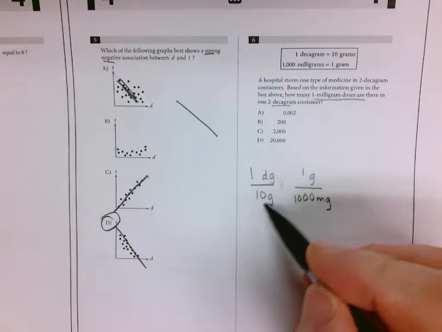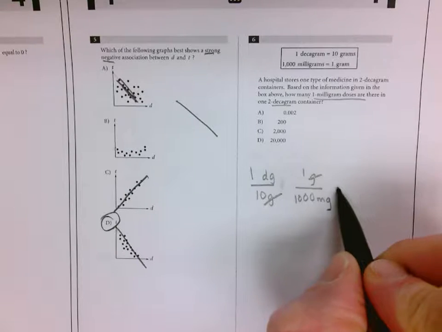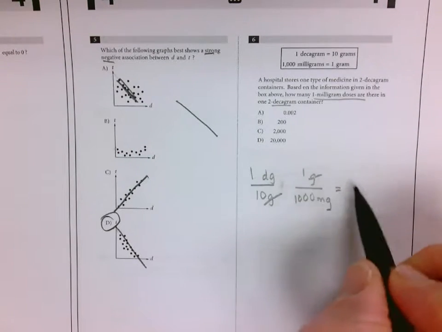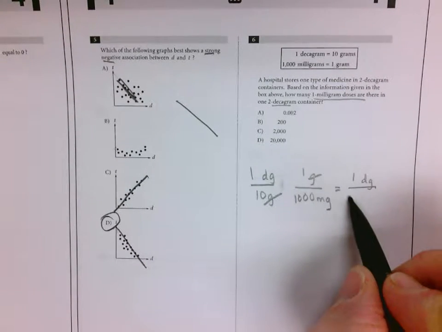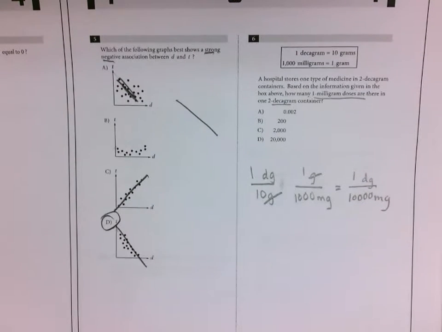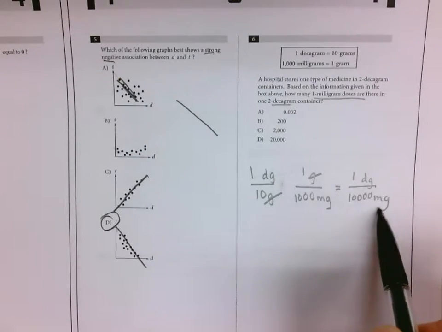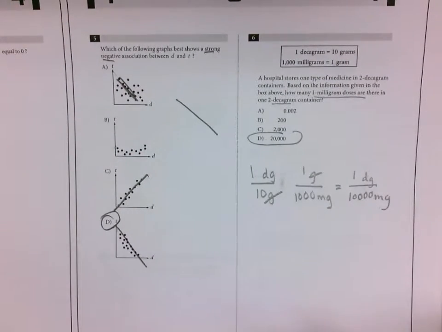Okay, so my grams cancel out, which means what I'm left with is 1 decagram equals 10,000 milligrams. So I can use that to figure out how to answer this one. So if they want to know 2 decagrams, I have 2 decagrams is 20,000. Some of you might just multiply, but that's where it comes from.